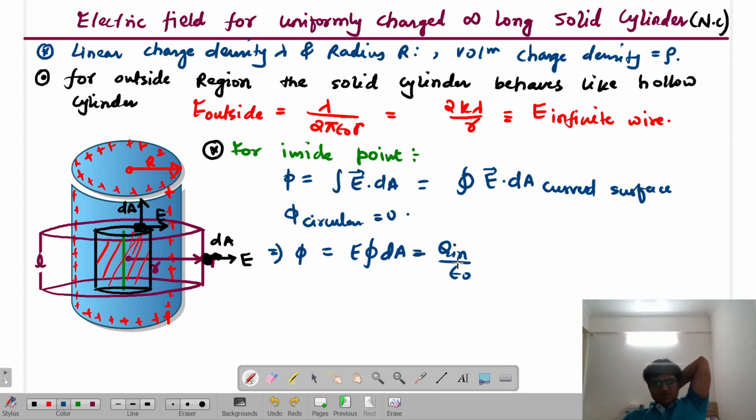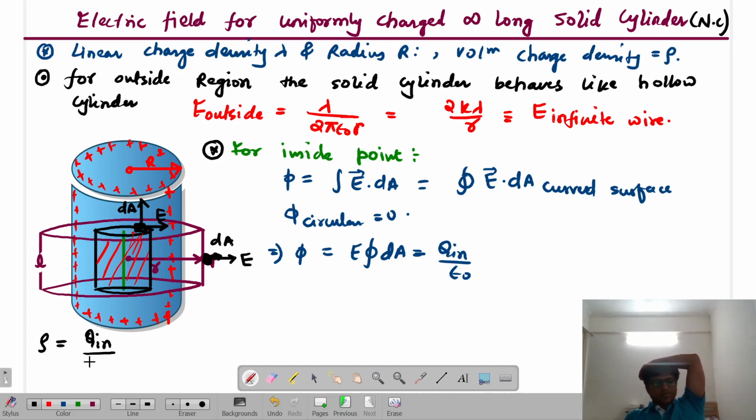So look over here, charge enclosed will be how much? If I am using rho, then we know that rho is equal to total charge by total volume. So that was Q by the total volume. We do not know it because it is an infinite charge, isn't it? So for this Gaussian surface, rho should be equal to charge enclosed divided by the volume of this Gaussian surface.